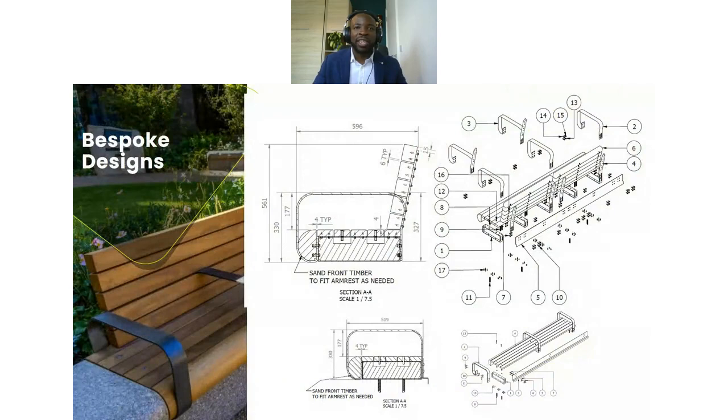And other examples of bespoke work that we've done. This is at Christchurch Gardens. And this is an interesting design, actually, because here they really wanted to go for the chunky timber look, but rather than having chunky timber being used throughout the seat, we utilized the fascia to make it look like it was chunky.